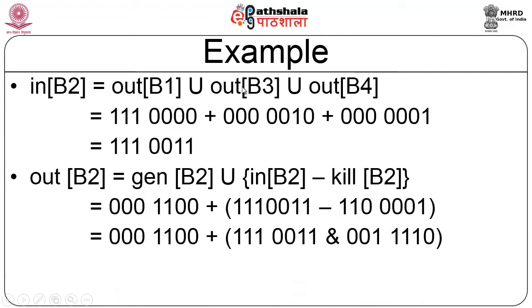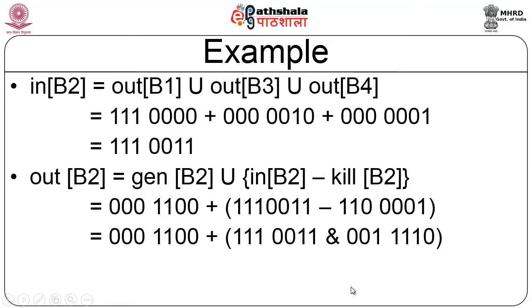Now, how do I compute this? I have to OR this, but before that I have to do this subtraction. A minus B is A intersection B complement. So, the intersection is the AND operator, and B I have to complement. So, it is nothing but just take the complement of this bit string, which is 1100001, it will be 0011110, that is, change the zeros to ones and vice versa.